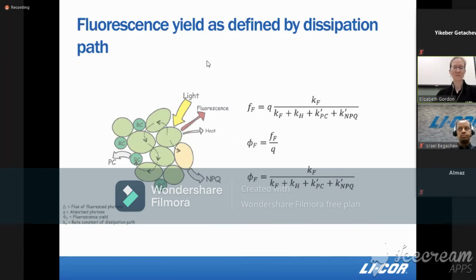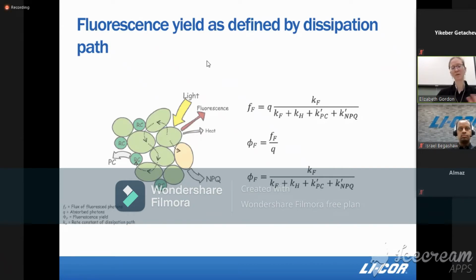We can think about fluorescence as a relationship of dissipation by all paths. Fluorescence yield is really determined by dissipation by all paths, which is another way to think about what I just said. It has to go somewhere. The energy has to be dissipated, has to be grounded. So it can go to heat, fluorescence, non-photochemical quenching, and there's also a small amount of basically housekeeping processes in the plant.